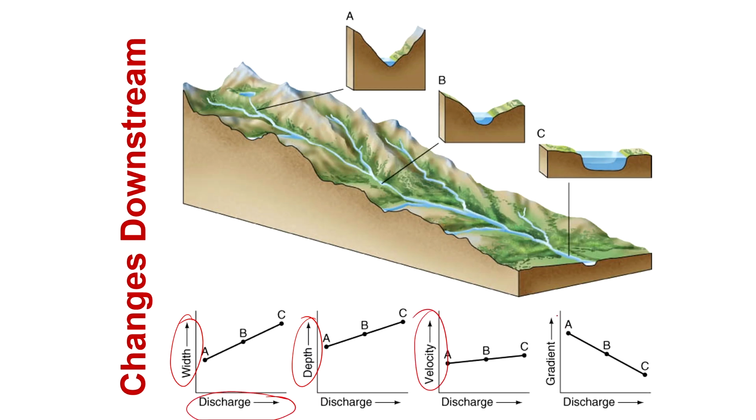So how does it vary? Width, then you have depth, velocity, and gradient. So this is what we were talking about: what is the shape of the channel, whether it is wide or narrow, deep or shallow, velocity is high or low, and gradient steeper or gentler. Okay.